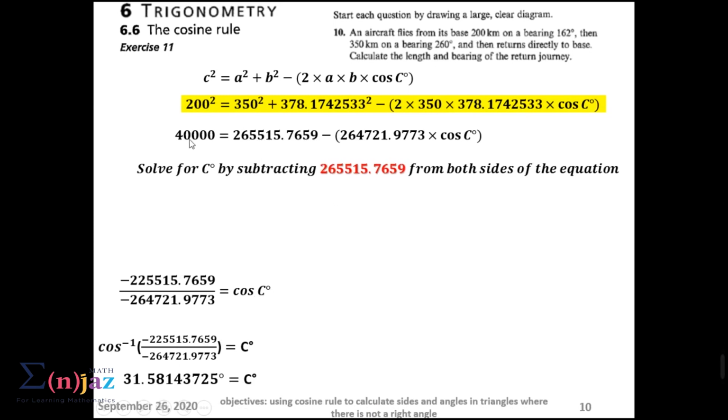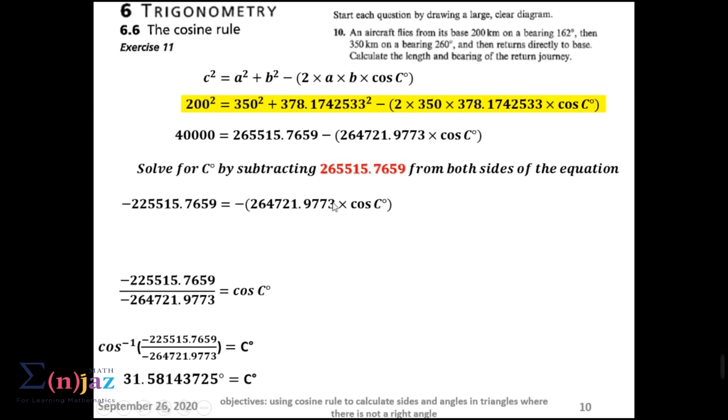And if we do so, 40,000 minus 265,515.7659 is going to come down to minus 225,515.7659 is equal to, and what's inside the bracket is going to be the same.